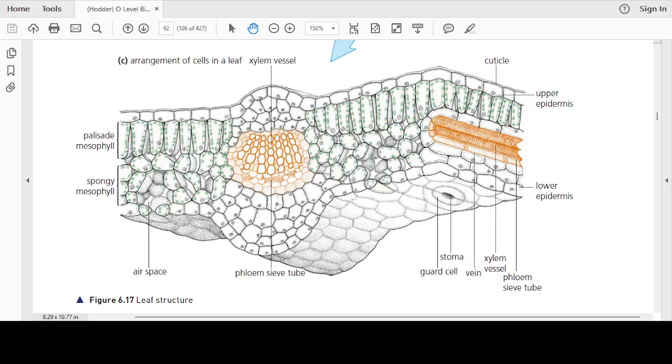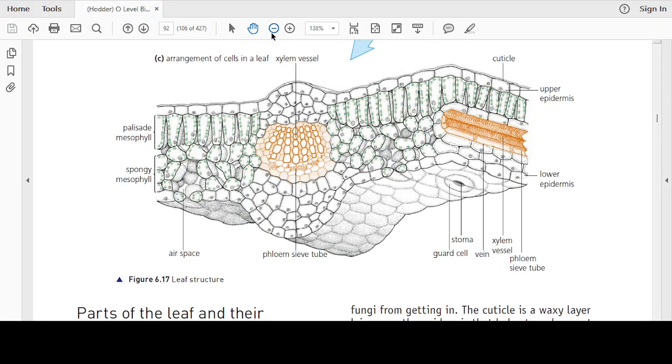Also note, you can see these green dots in the palisade mesophyll and the spongy mesophyll. Those are chloroplasts. Chloroplasts contain chlorophyll. We've talked about these back in chapter 1. And this is where photosynthesis takes place.